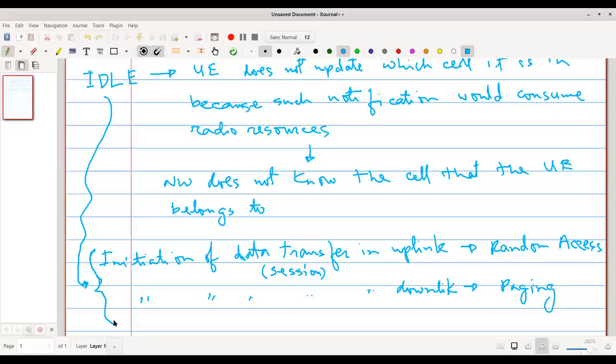But for paging, the network needs to notify you that a data transfer session should be initiated. Now, how can the network do that? The network does not know which cell you are in.